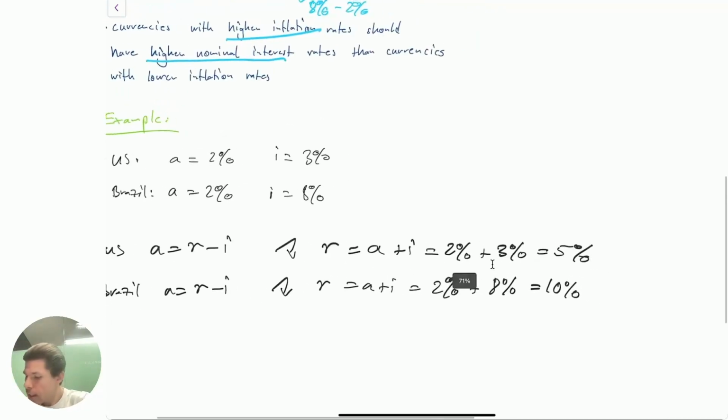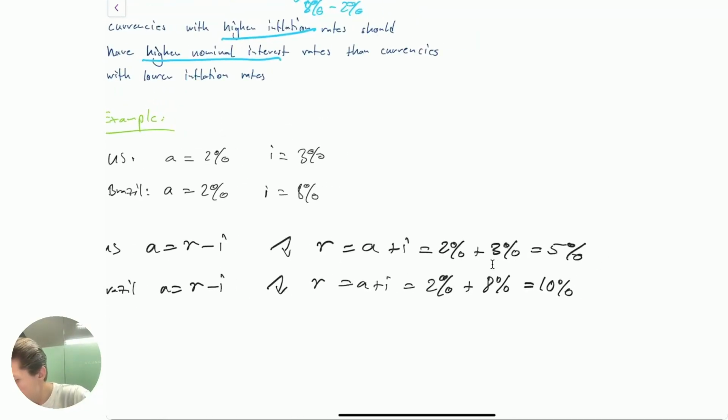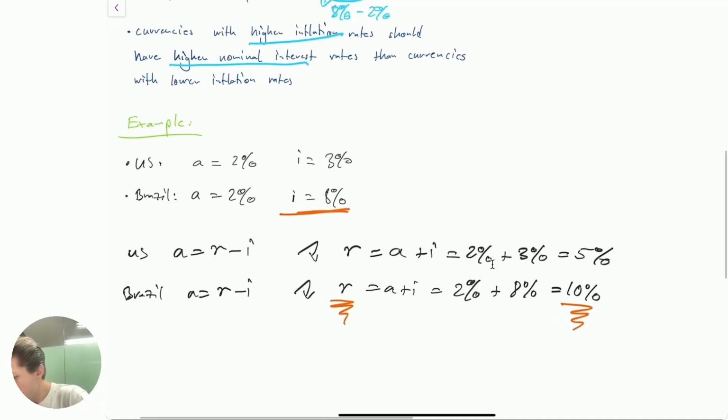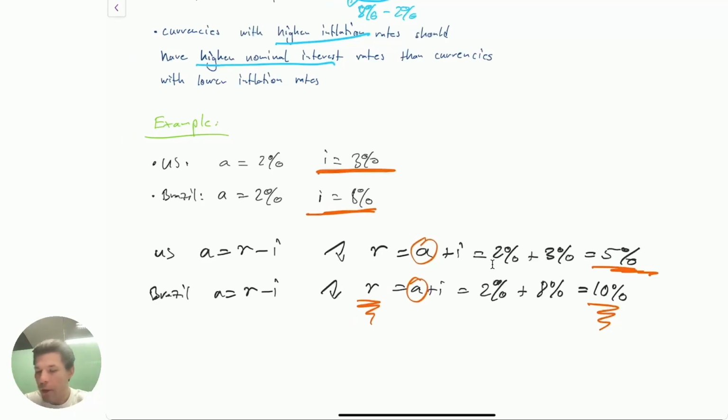And here you can see, because Brazil has a higher inflation rate, the nominal interest rate set by a bank needs to be higher to adjust for loss of purchasing power. Inflation in the US is only 3%, so the nominal interest rate would be set to approximately 5%. The reason is A needs to remain constant, otherwise there would be an arbitrage opportunity.